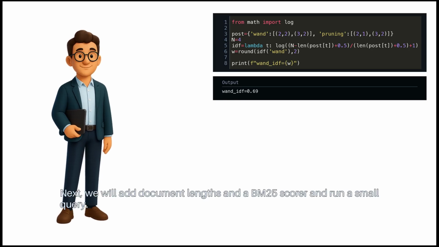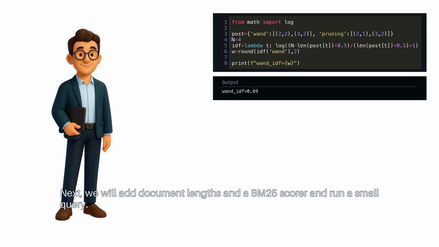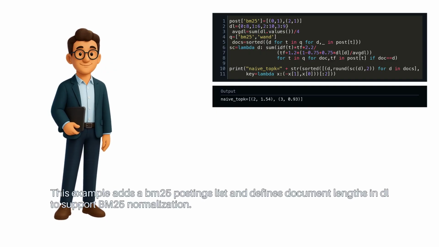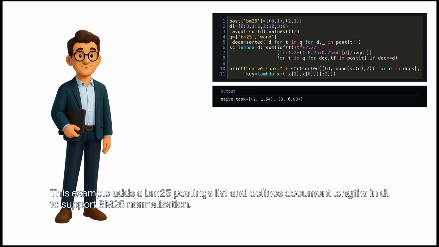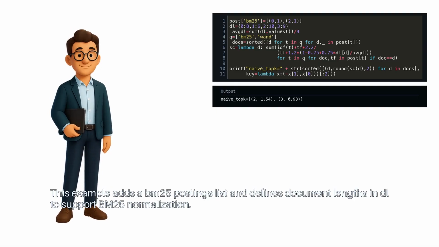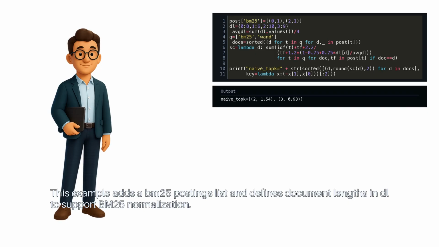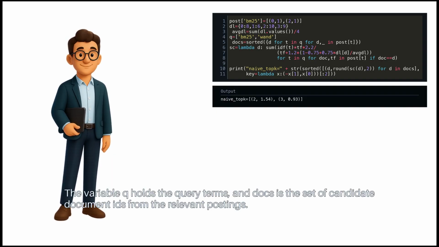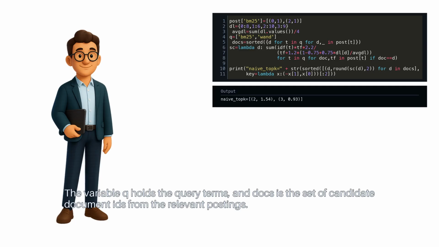Next, we will add document lengths and a BM25 scorer and run a small query. This example adds a BM25 postings list and defines document lengths in DL to support BM25 normalization. The variable Q holds the query terms, and docs is the set of candidate document IDs from the relevant postings.